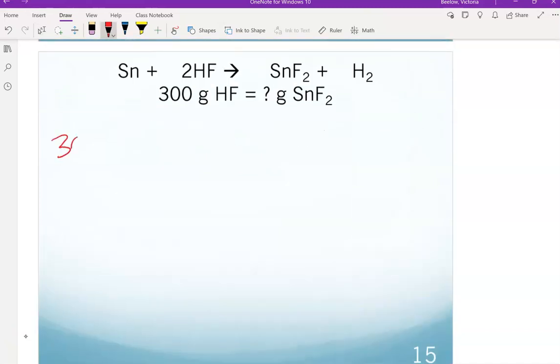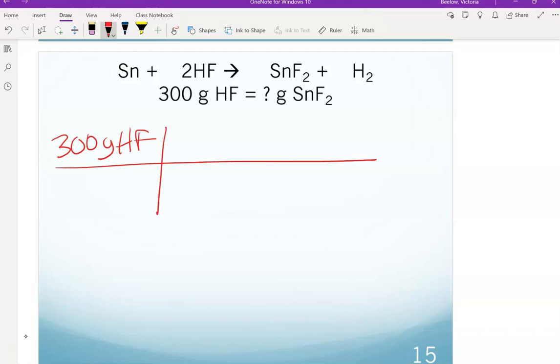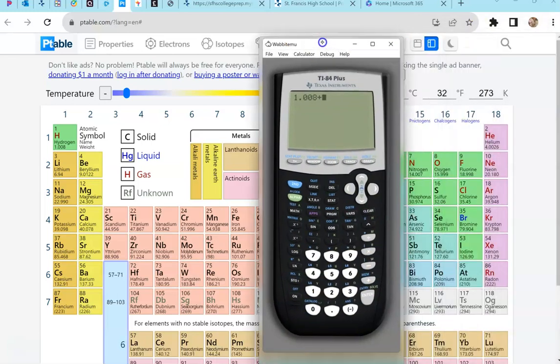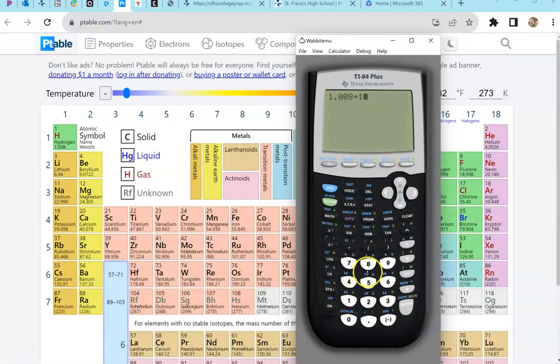So I'm starting with 300 grams of HF. Whenever we're starting with grams, the first thing you want to do is get that into moles. And we do that by calculating the molar mass. H is hydrogen, which is 1.008, plus F, which is fluorine, 18.998.